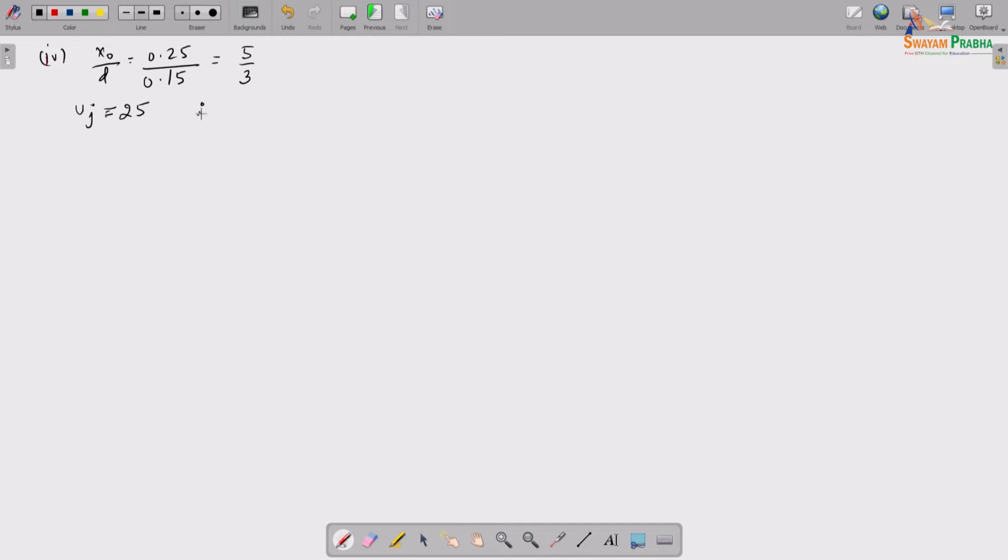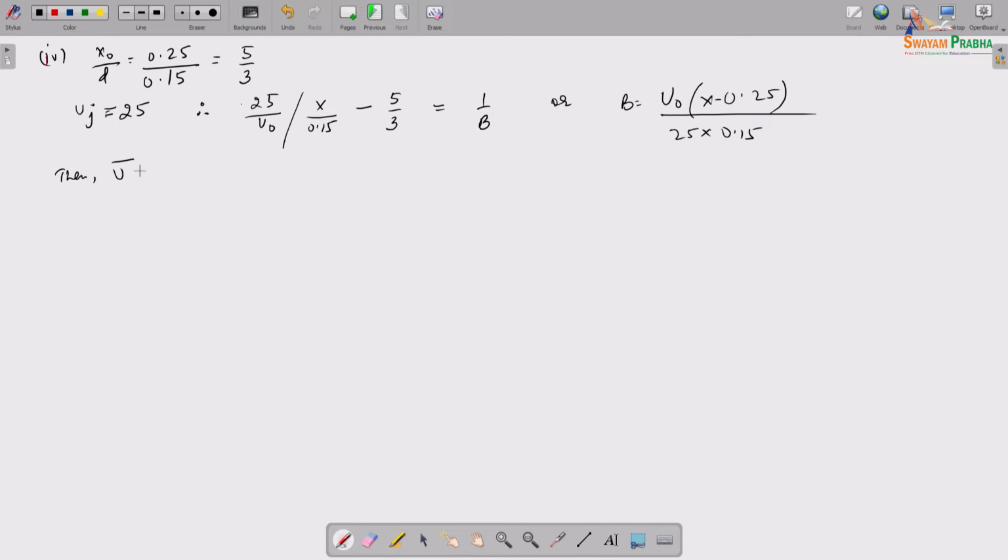Therefore, again, 25 by u naught by x by 0.15 minus 5 by 3, right, is equal to 1 by b, or b is equal to... Okay, that then u mean is equal to basically u naught by 2, right.